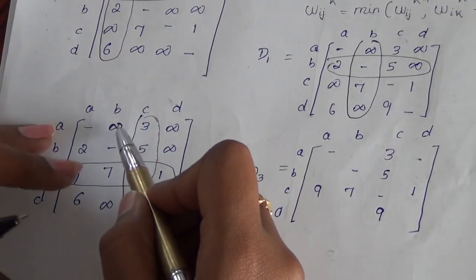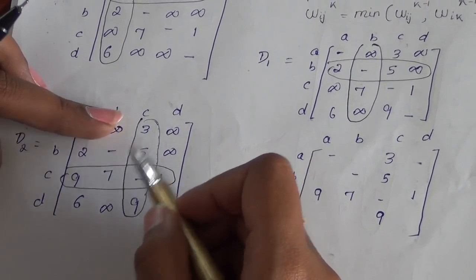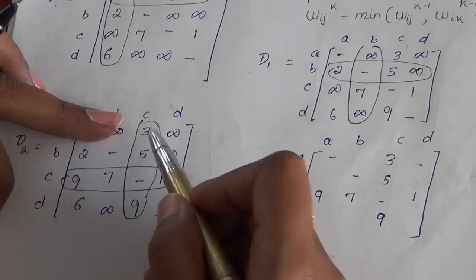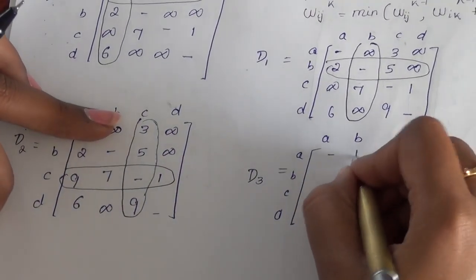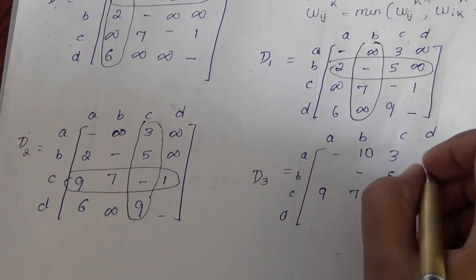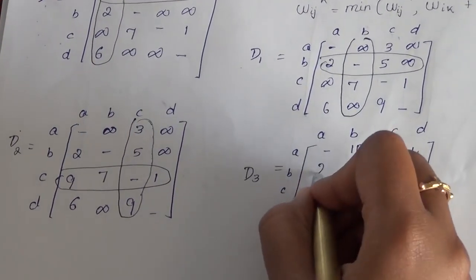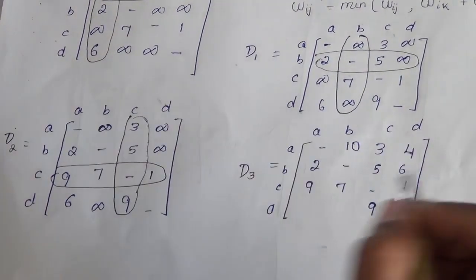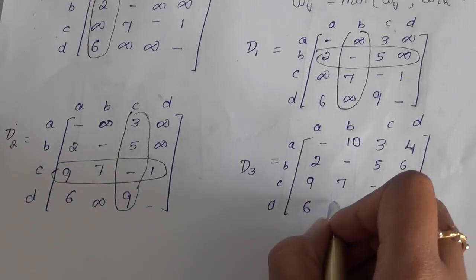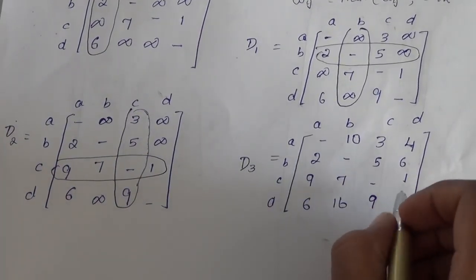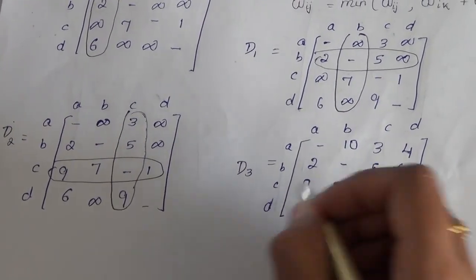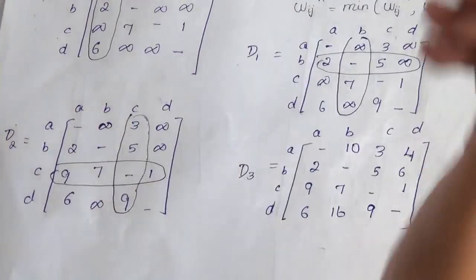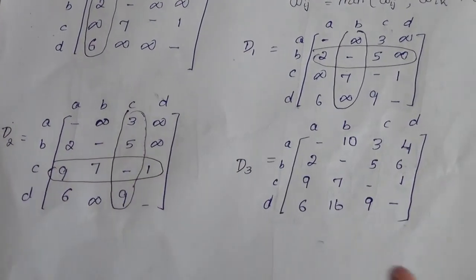A to B is already there as infinity, but Wik plus Wkj will be 7 plus 3, which is 10, the minimum value, so I am replacing it with 10. Then here it will be 4, 2, 6, 6, 16, and here it will be hyphen, because D to D, when i and j are equal, is a hyphen.